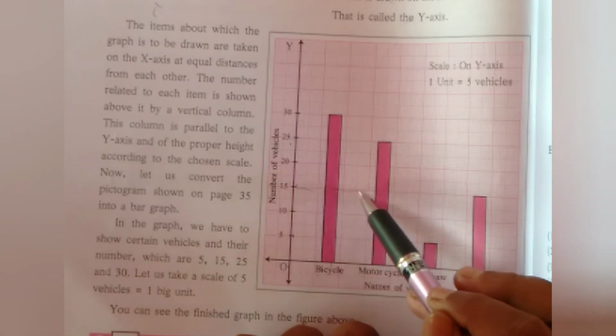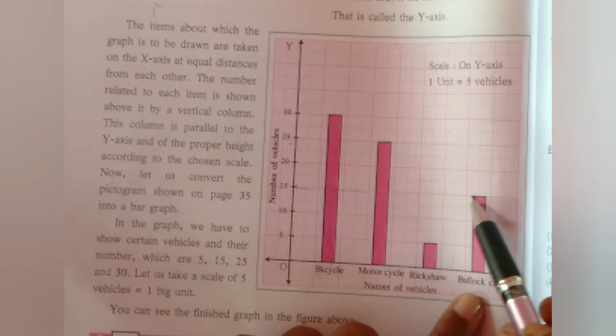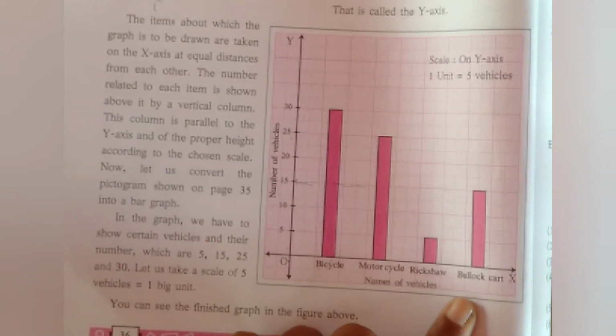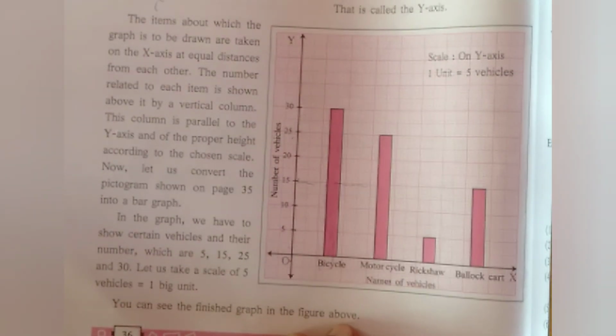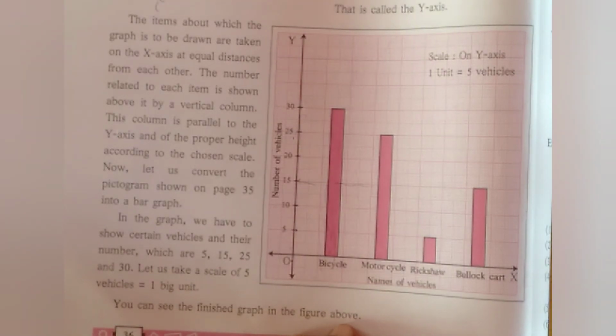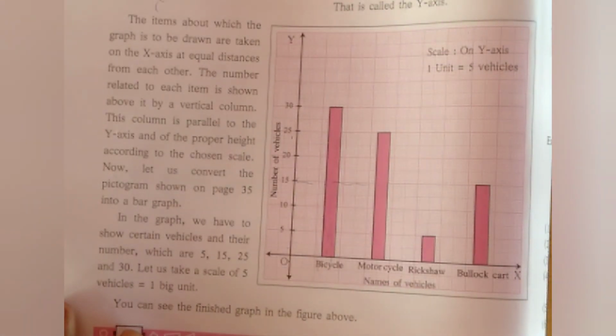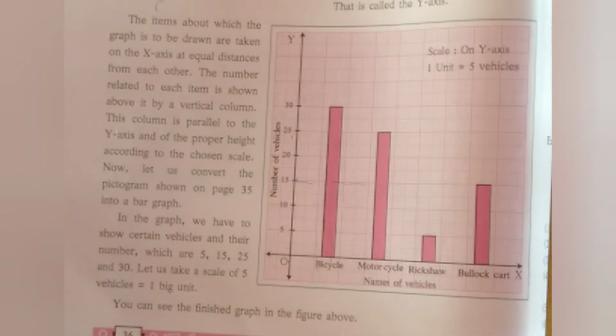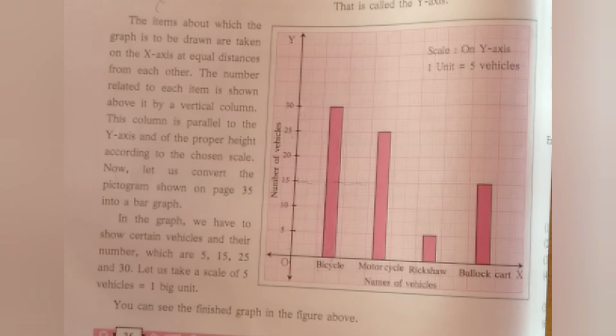So from 15 mark here on that dark line, then draw one bar. Okay students, you understood how this bar graph is drawn? Okay, you have to draw this bar graph as it is in your notebook and write down all these things also. Okay students, in the next lecture we will see the next topic. Stay home, stay safe.